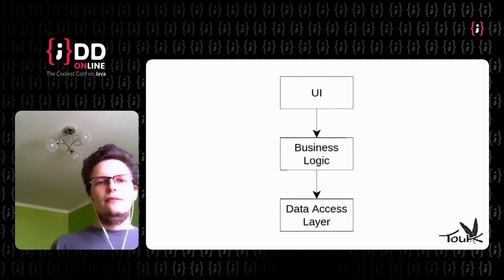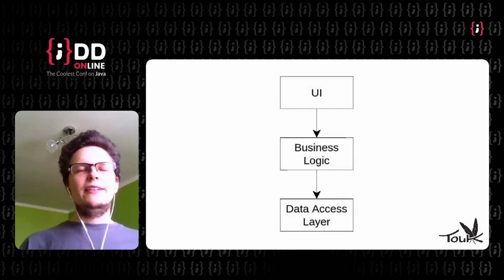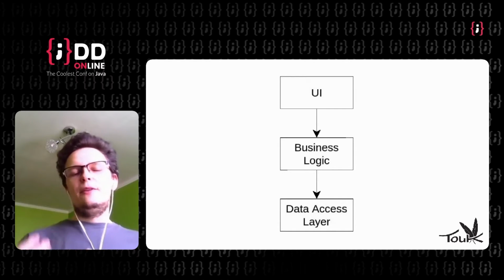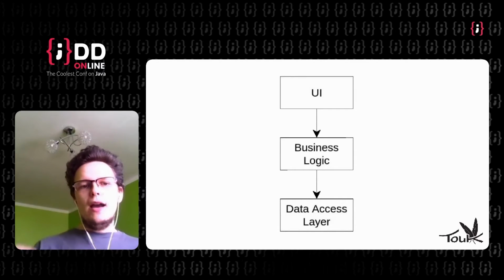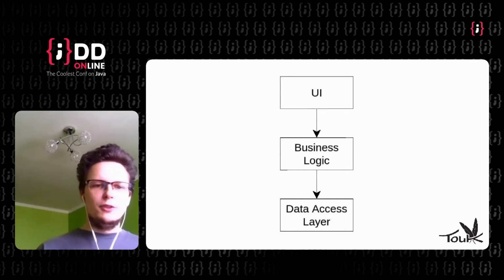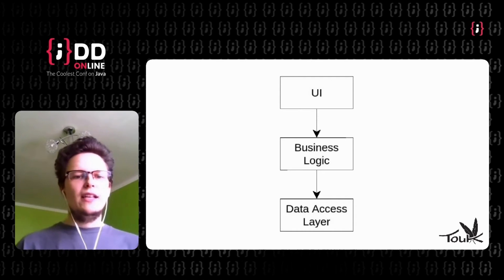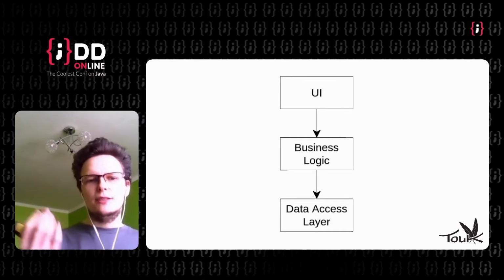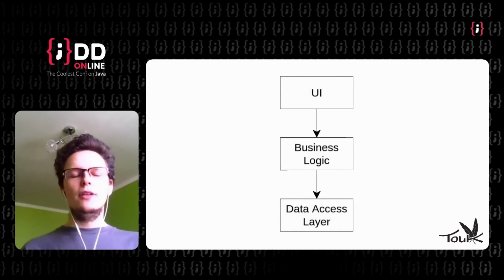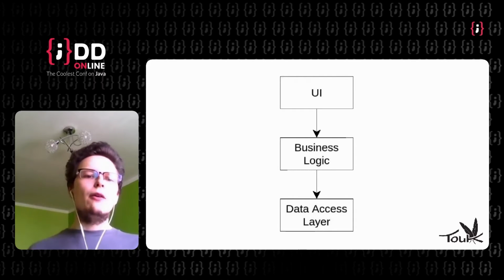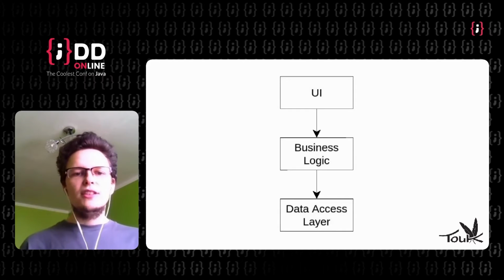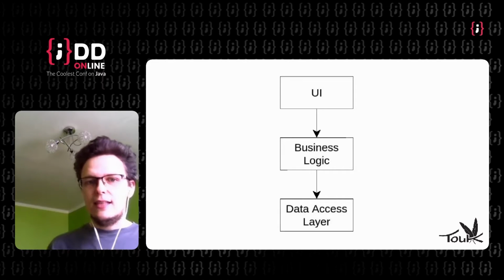Here, we could paint it in a simplified version as UI, which could be a graphical UI or any other type of UI which exposes our data to the outside world, depending on our business logic, and the business logic depends on our data access layer.